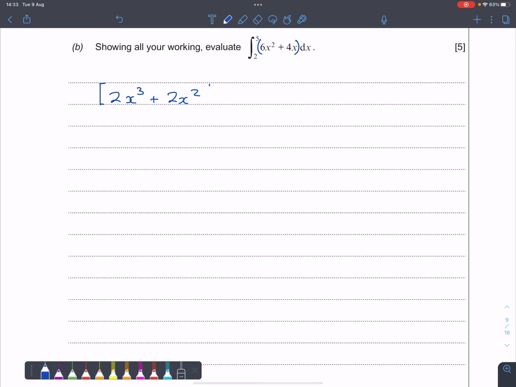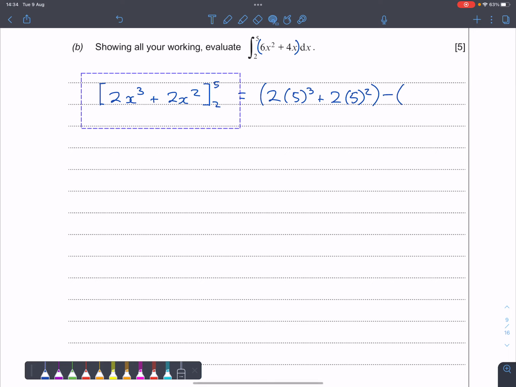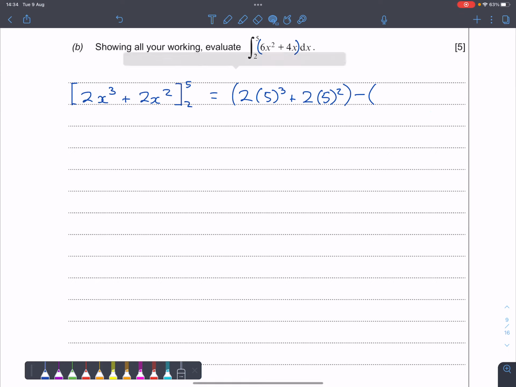5 and 2. So we're going to substitute in our upper limit first. So that's going to be 2 lots of x cubed, which is 5 cubed, plus 2 lots of x squared, which is 5 squared. And all of that I'm going to subtract what I get when I substitute in 2.